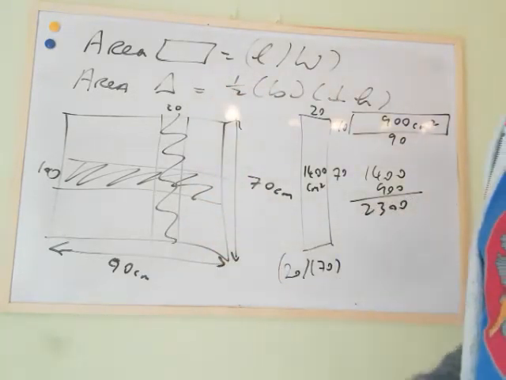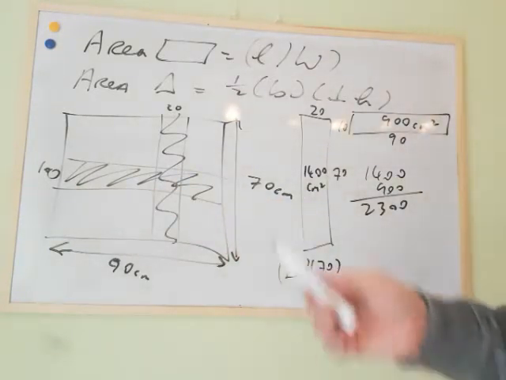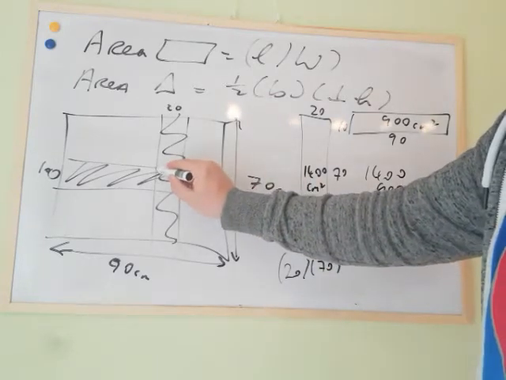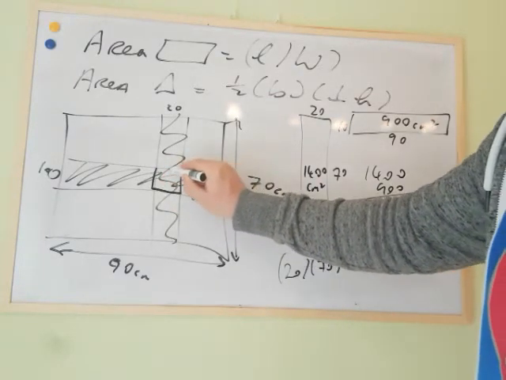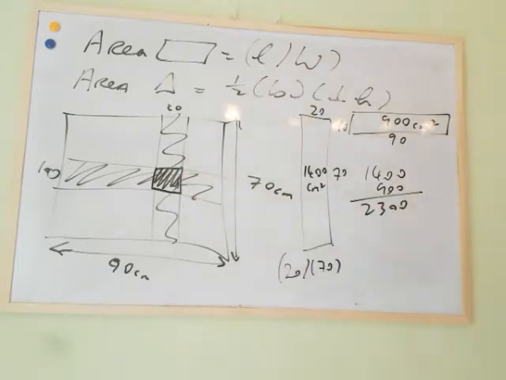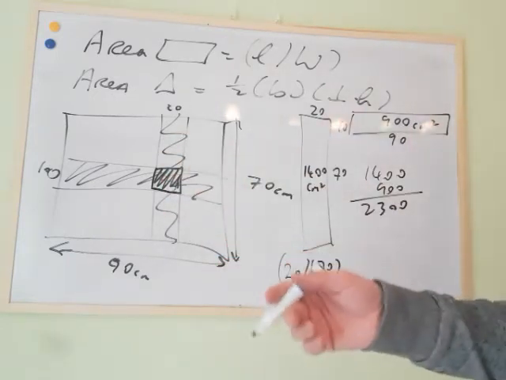And then I found the area going from here to here. Well, if we think about that for a moment, folks, what's happened is this square here has been counted twice. So this 2,300 includes an area that's been counted 2 times, which we don't want.